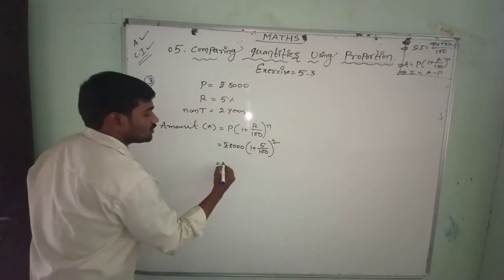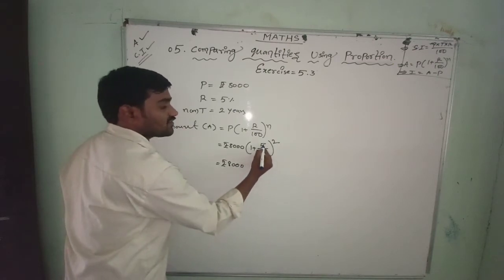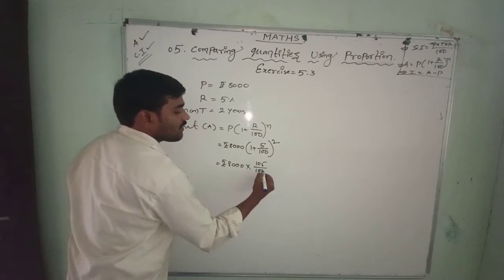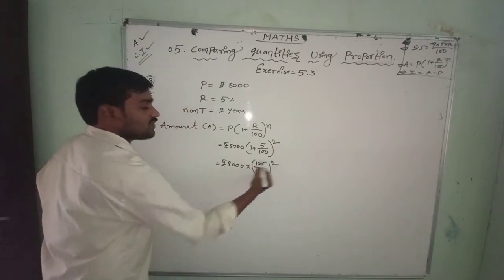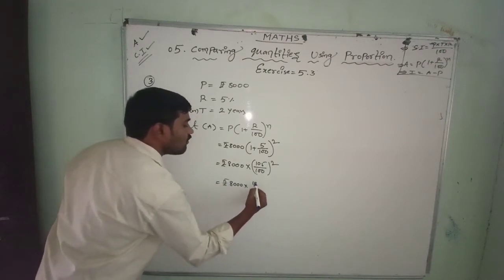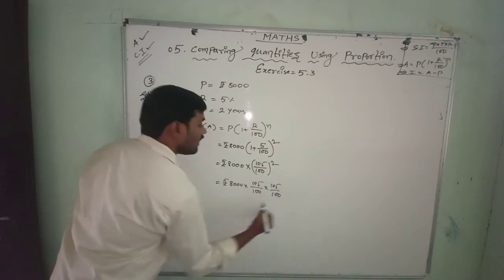That is 2 years. So rupees 8,000, 1 plus 5 by 100. I told you how to write this: 105 by 100 whole to the power of 2. Whole to the power of 2 in the sense we have to multiply 2 times. So 8,000 rupees into 105 by 100 into 105 by 100.